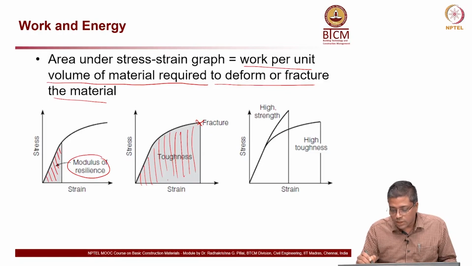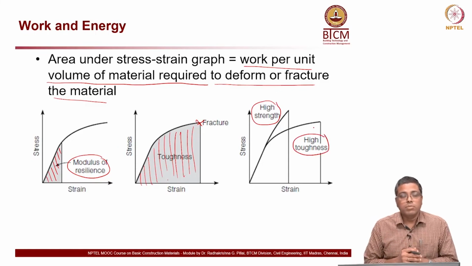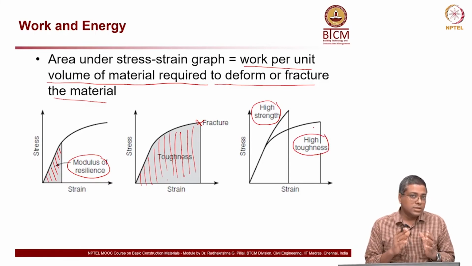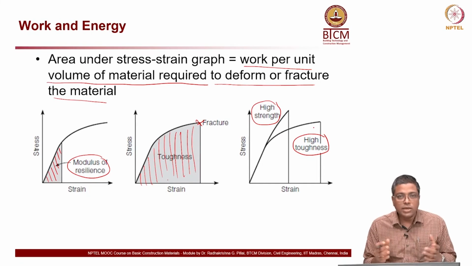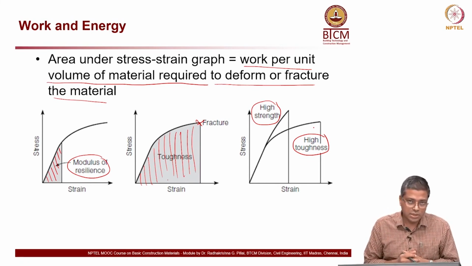Now, there are two concepts to look at while designing the system: strength and toughness. Strength is definitely a widely used parameter for designing anything when we look at collapse condition.